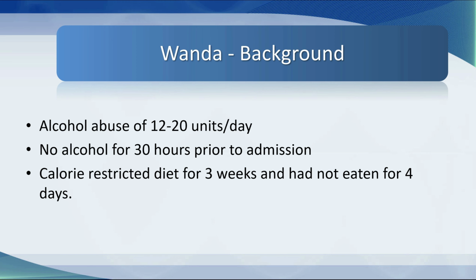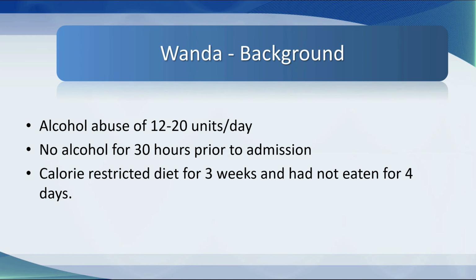However, there was no alcohol consumption within 30 hours of admission, and simultaneously, Wanda has been on a calorie-restricted diet for 3 weeks and hasn't eaten for 4 days. So what we have here is the classic picture of alcoholic ketoacidosis.